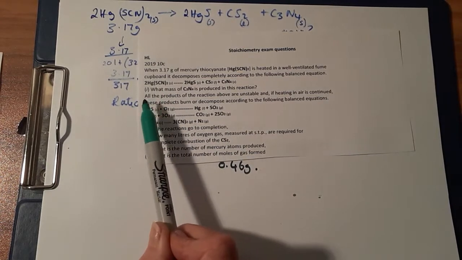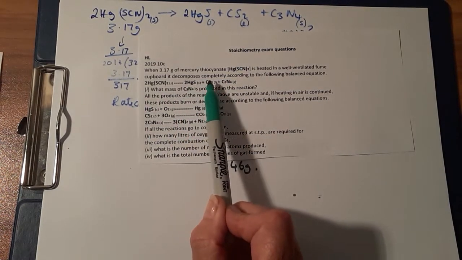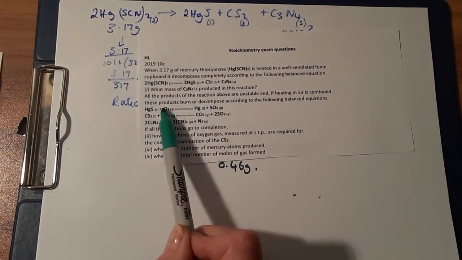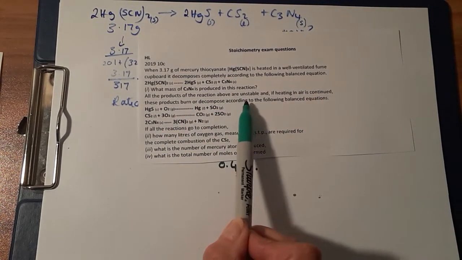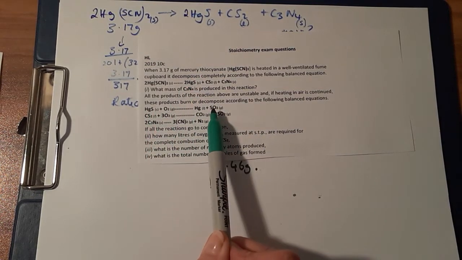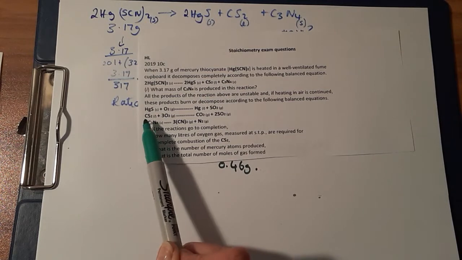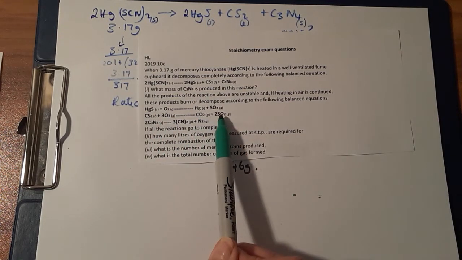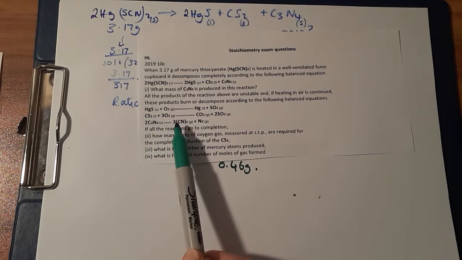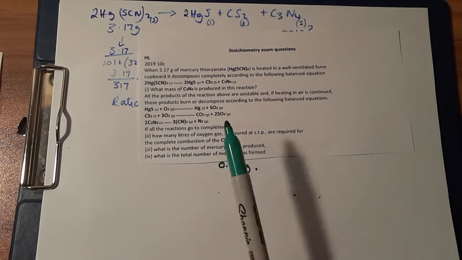Now it says all of the products of this reaction are unstable, and if you heat them in air, they'll burn or decompose according to these equations. So the HgS will turn into Hg plus SO2. The CS2 will burn in oxygen to produce carbon dioxide and sulfur dioxide. And the C3N4 will produce thiocyanates and nitrogen.